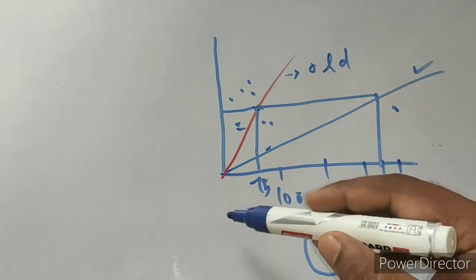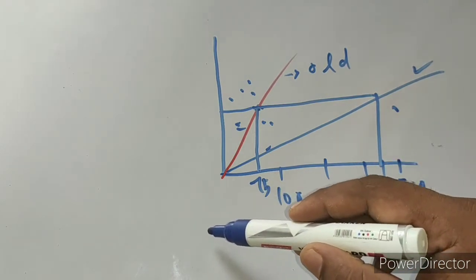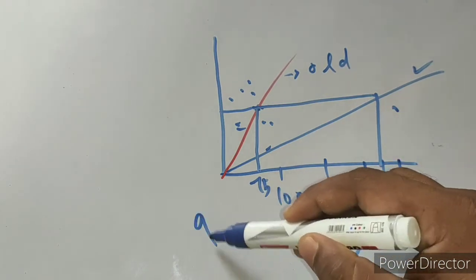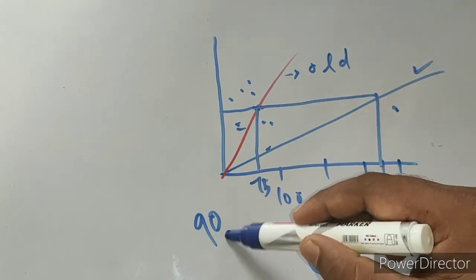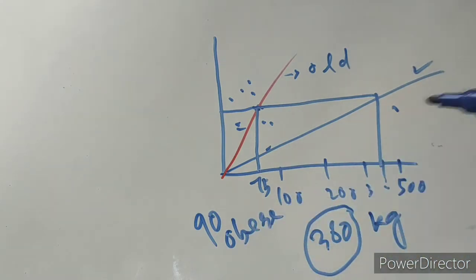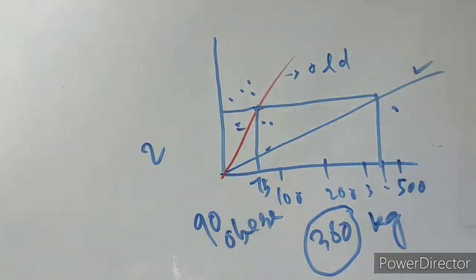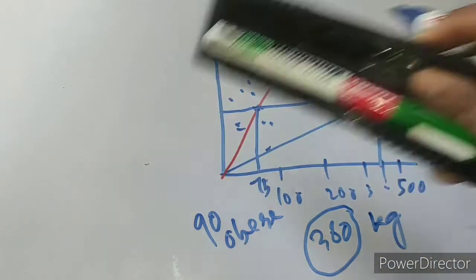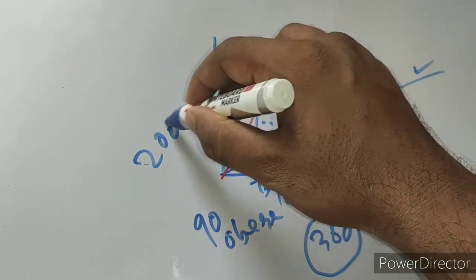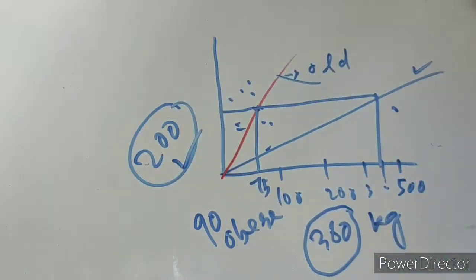Earlier when a person weighed 90 kg, they were considered obese. Now if a person weighs 200 kg, that person is not considered obese, because our benchmark has changed.